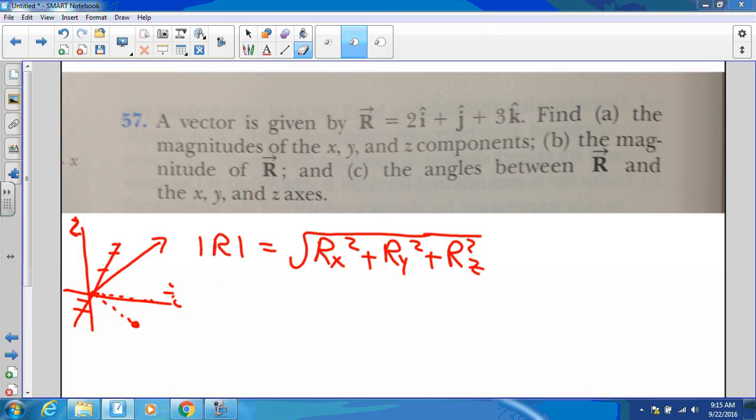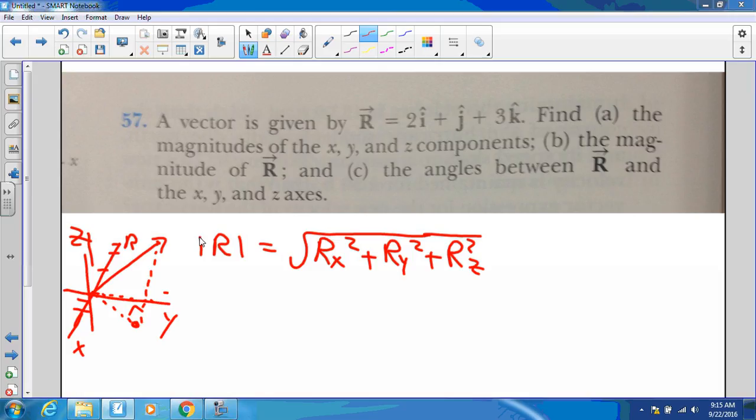No, wrong. Mangling my reference frames here. So try again. Here's z, here's y, and here comes x out of the board. So my vector r is going to be over a point in the zy plane, like so.